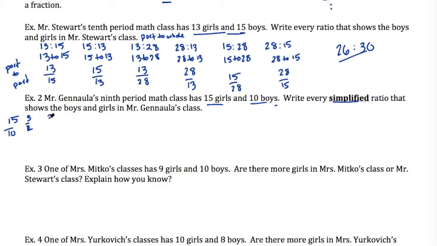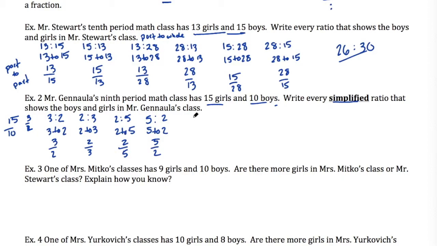So we could do 3 colon 2, 3 to 2, 3 over 2. We can reverse that to 2 colon 3, 2 to 3, 2 over 3. We can then go to the part to whole: 2 colon 5, 2 to 5, 2 over 5. We can reverse it: 5 colon 2, 5 to 2, and 5 over 2.